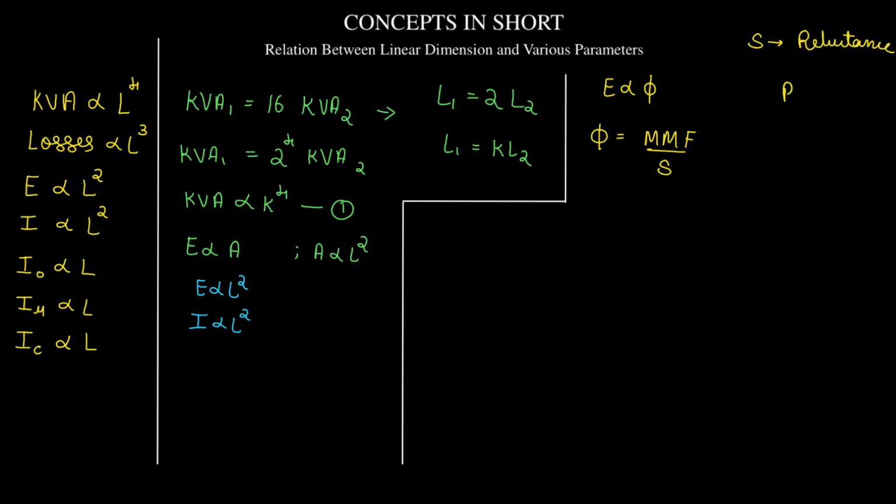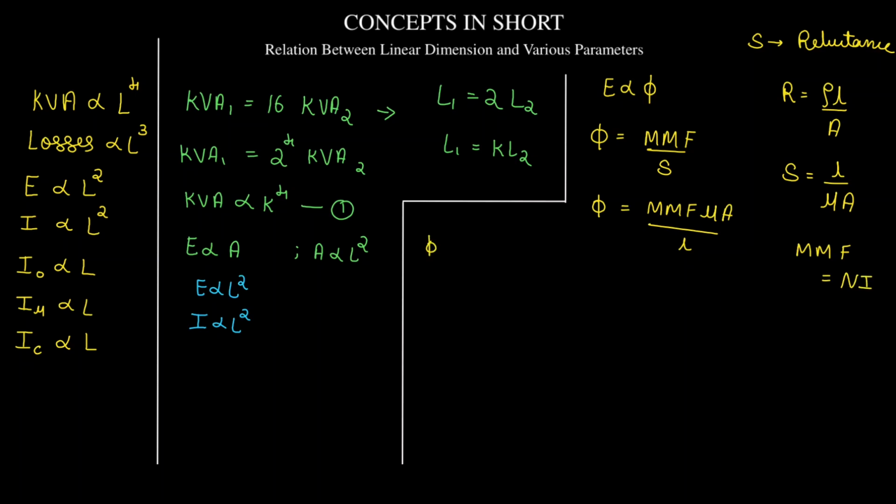We know that resistance is rho L by A. Similarly, you might be knowing that reluctance is actually L by mu A. By substituting this in the flux equation, we have mmf into mu A upon L. And we also know mmf is basically N into I. So that brings us flux as N I mu A upon L.